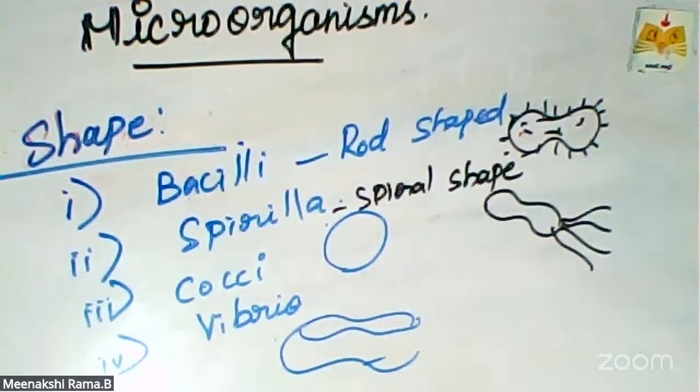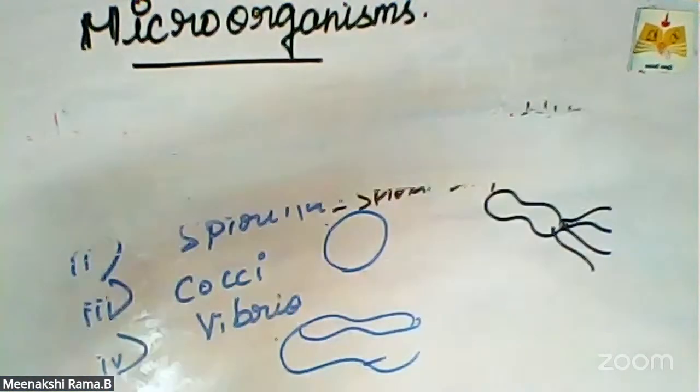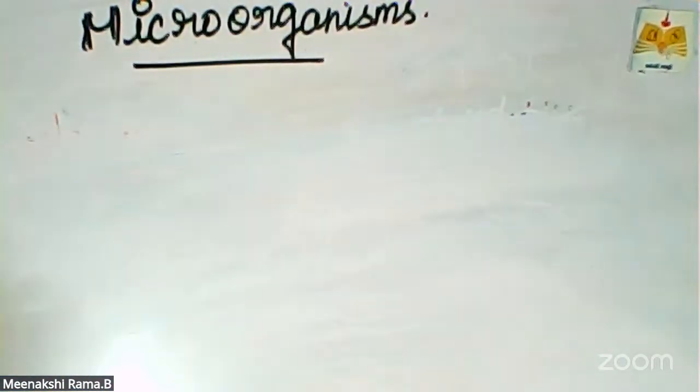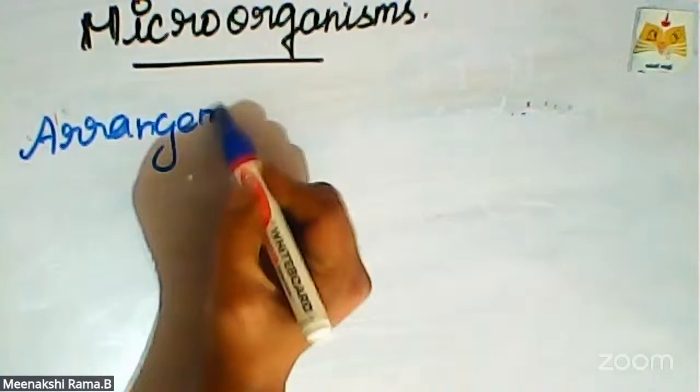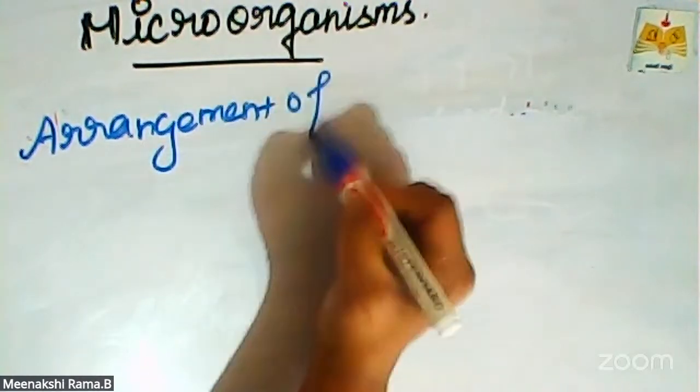So these are all the categories of bacteria dependent on the flagella number. So bacteria are also classified according to the number and arrangement of flagella.